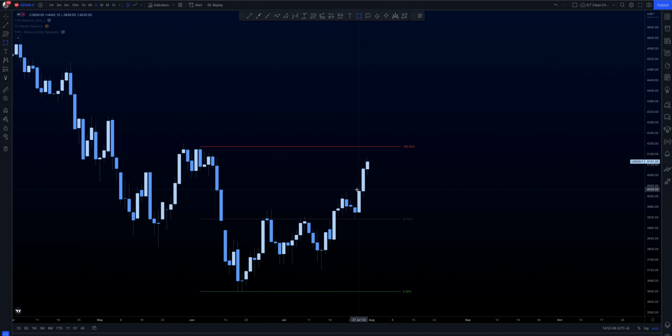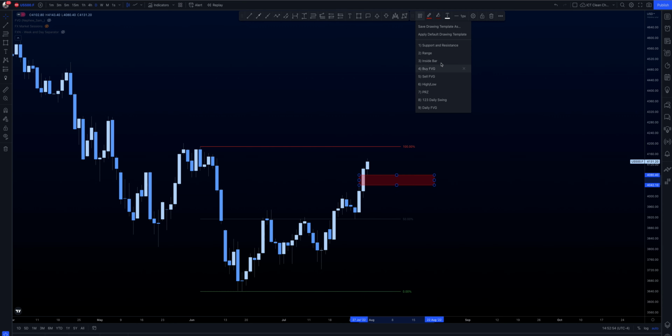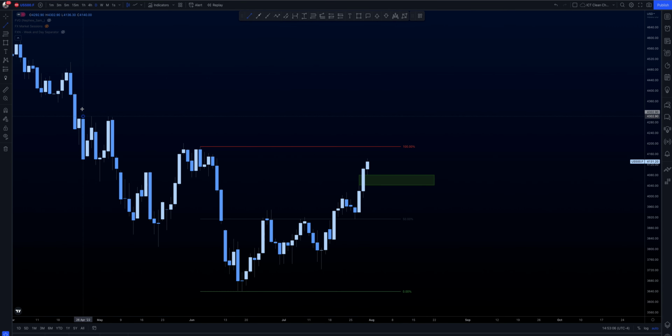But I think there's a possibility, if we are expecting higher prices, to come back down and take this low, rebalance some of this imbalance here, and then create higher prices. And then the higher objective would be here, and then obviously some of this imbalance here.